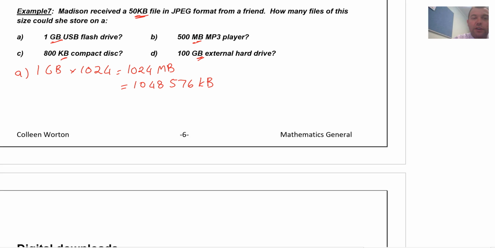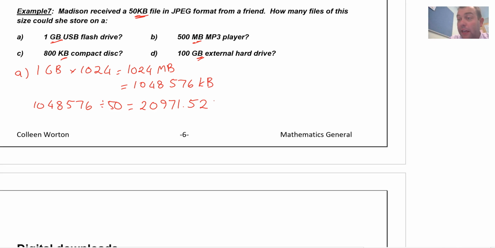Now if I take that figure and divide it by 50, 1,048,576 divided by 50, how many of those files will I fit on there? Well, it happens that I get 20,971.52, I think it is.